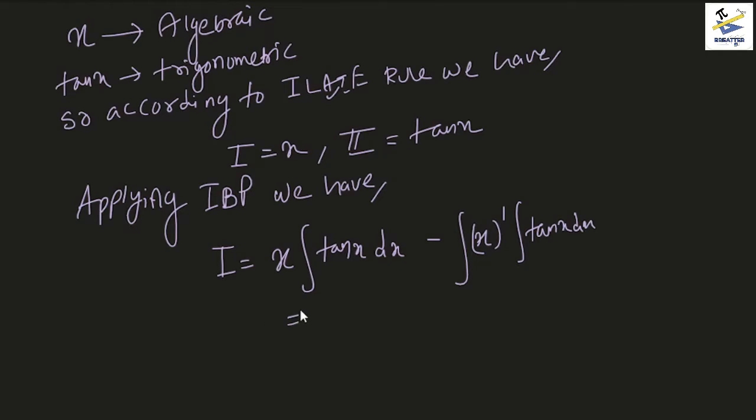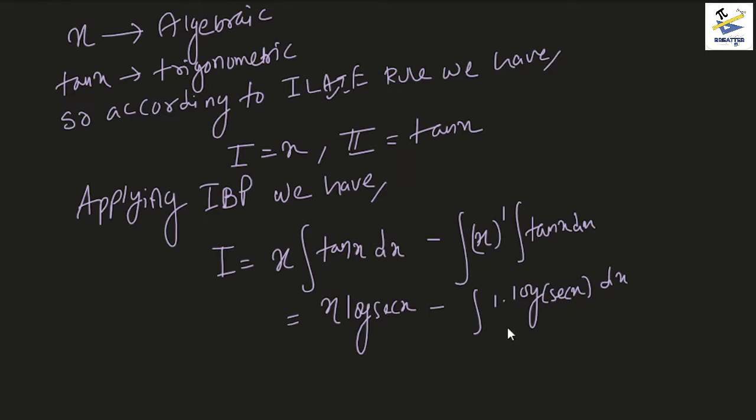So the integral of tan x is basically log of sec x, so it is x into log of sec x minus this is 1 into log of sec x dx, right?